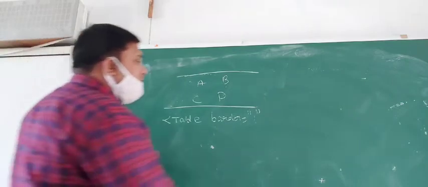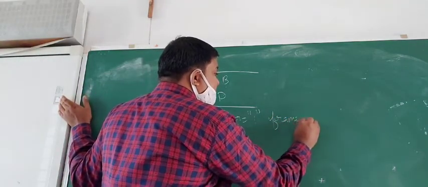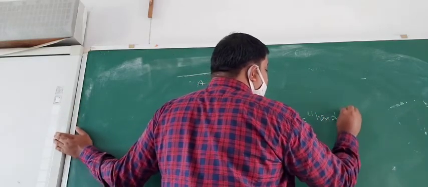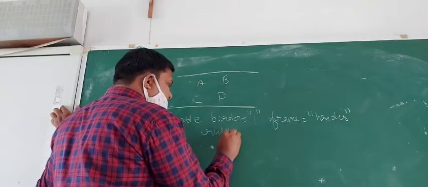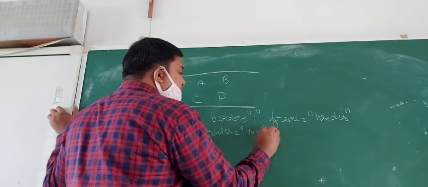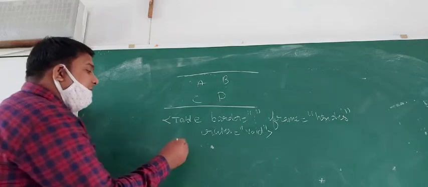Clear? And what is the value of the frame? H sides. What will be the value of rules? Rules is equal to wide. Is it clear? All of you?